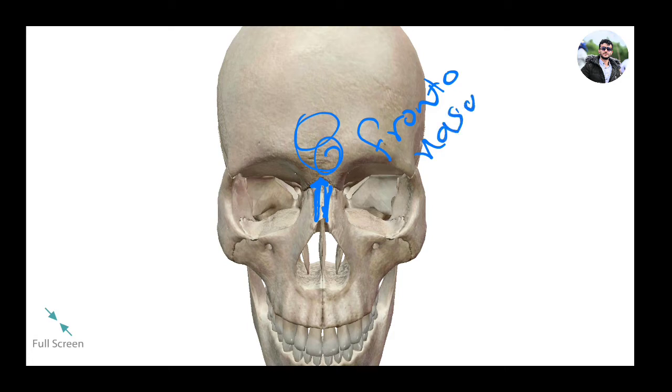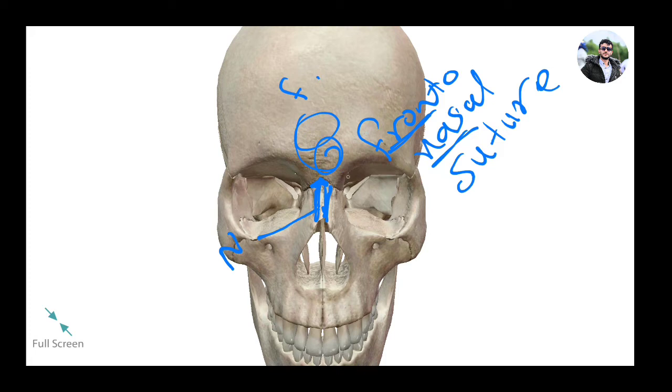Frontonasal suture. If we focus, we derive this name from the names of the two bones: this bone is called frontal and this small bone is called the nasal bone. So we formed the name of the suture from the names of the bones.